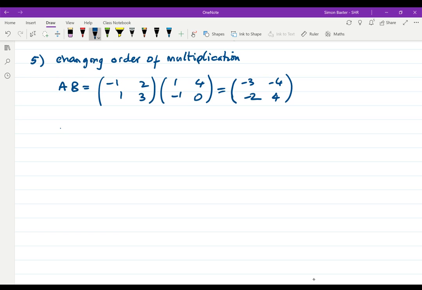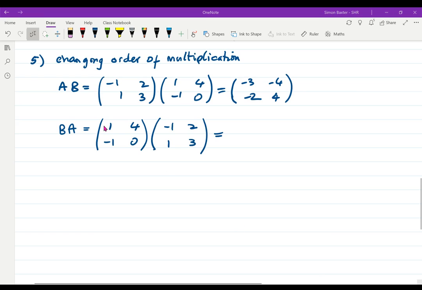Let's look at the matrix BA. If we just change the order round, we get 1, 4, minus 1, 0, times minus 1, 2, 1, 3. And if we do 1 times minus 1 is minus 1, plus 4 is 3. So we can already see that it's not working. We'll finish it off just for the sake of it.